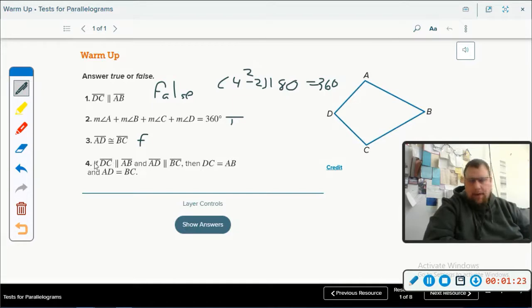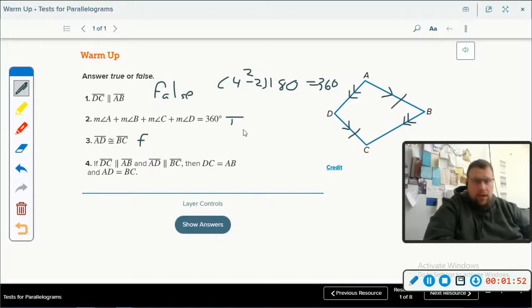Now, here's where it's important. If DC is parallel to AB, remember, that's the parallel sign, and AD is parallel to BC, then DC equals AB.